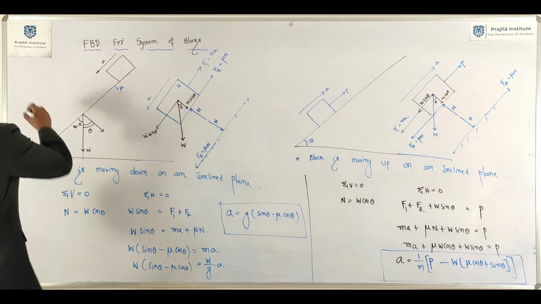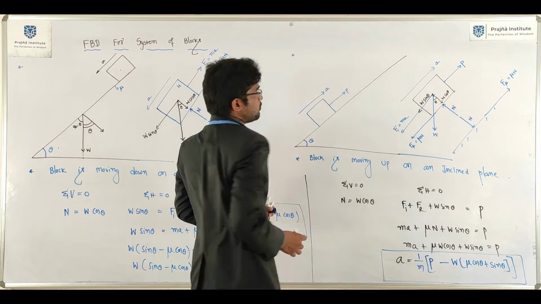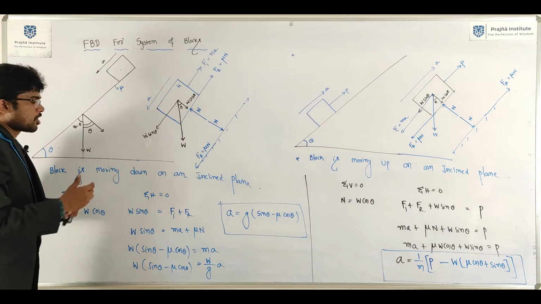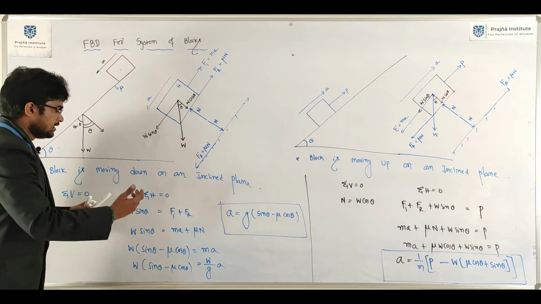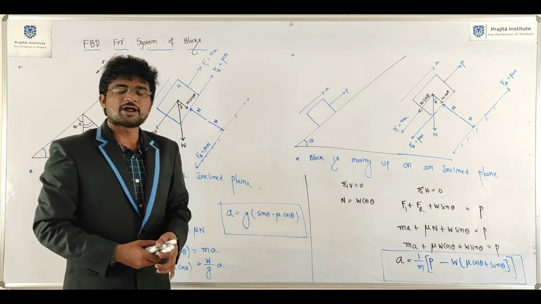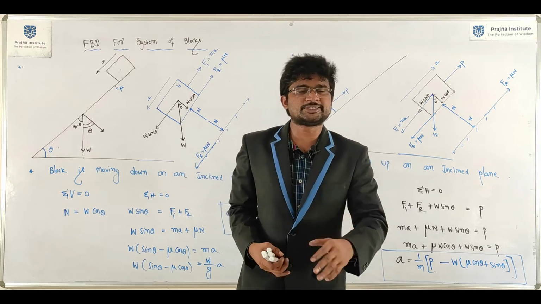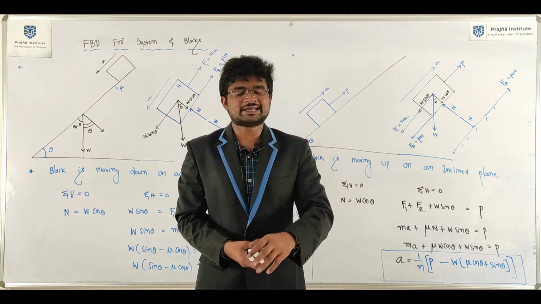Okay, so first focus on the 5 statements: how to draw the free body diagram for the block when it is moving down and when it is moving up, how to apply equilibrium equations, and finally how to determine acceleration. Once you substitute this acceleration in kinematic equations, you will get the remaining.